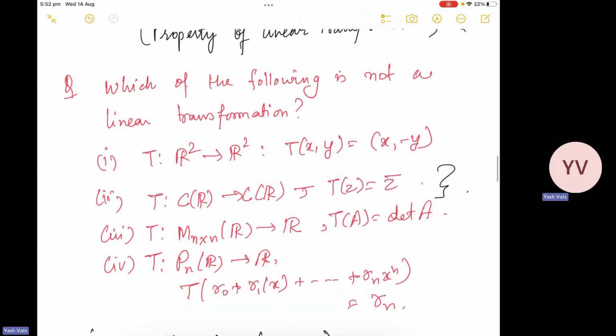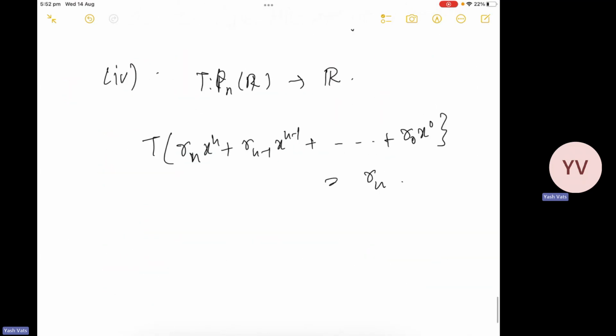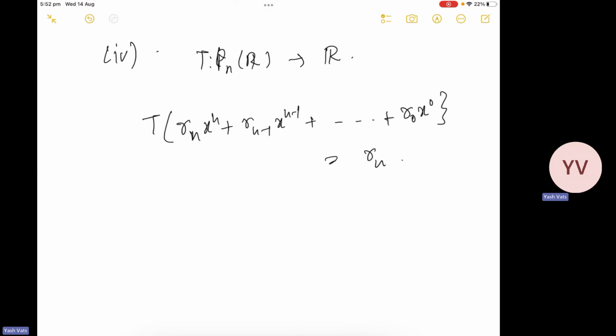Is it the same? Is it a linear transformation, it seems like, or not? The second property is true, but what about the first?